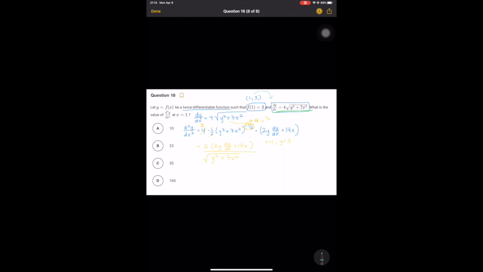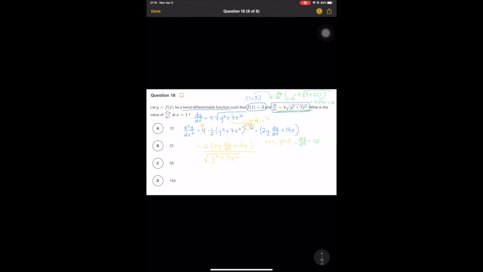We have dy dx at 1 comma 3 is 4 times square root of y squared, that's 3 squared, that's 9, plus 7 times 1 squared, that's 1. 9 plus 7 gives us 16. Good news, boys and girls, that's 4 times square root of 16, which is 4 times 4, which is 16. Okay, so we have our last value there, dy dx is 16.